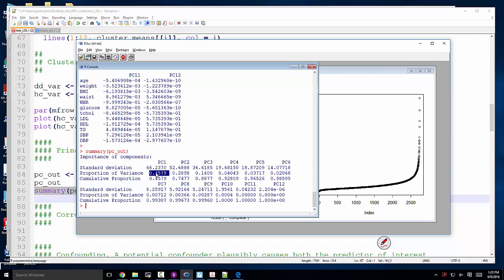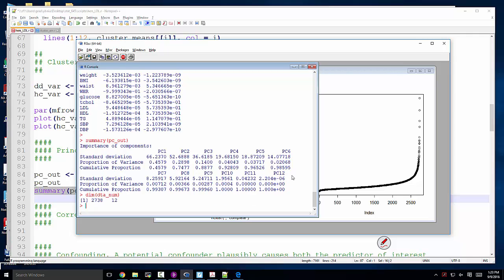In our case, the first principal component explains almost half of the variance, which is not insubstantial. There's 12 variables for us. Is that right? dim of data_num. Yeah, 12 variables. So there's 12 principal components that we could compute. Just one of them can explain almost half of the entire story.